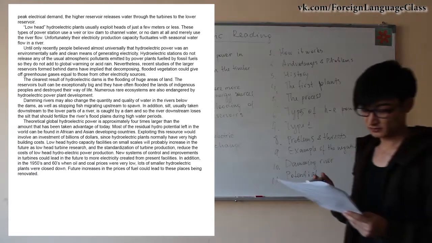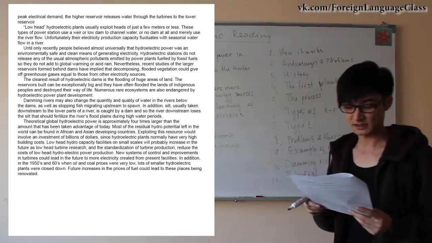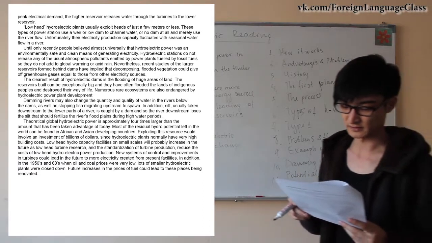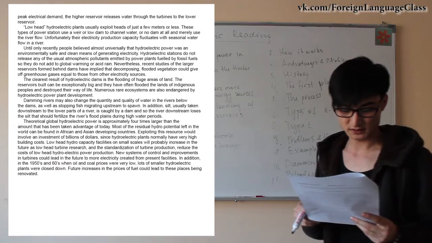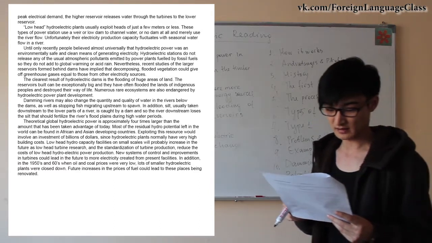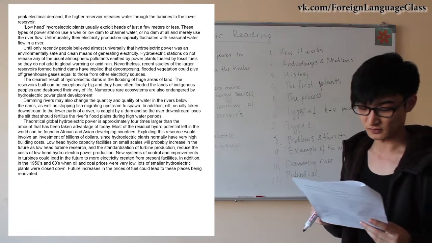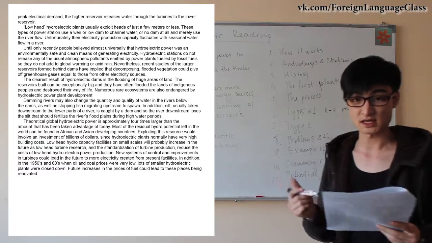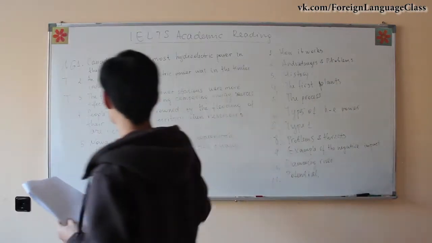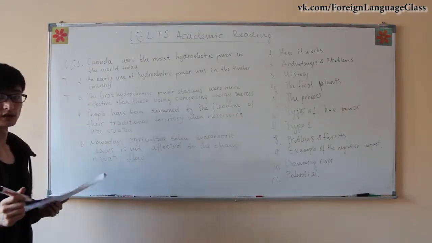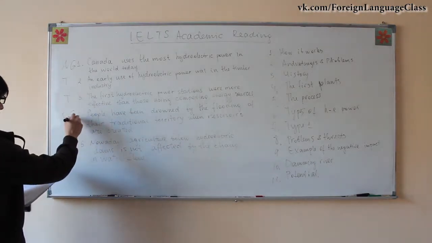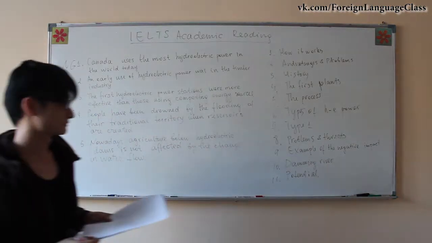Okay, the clearest result of hydroelectric dams is the flooding of huge areas of land. The reservoirs built can be exceptionally big, and they have often flooded the lands of indigenous peoples and destroyed their way of life. It doesn't say anything about drowned people. Okay, so this information is not given.